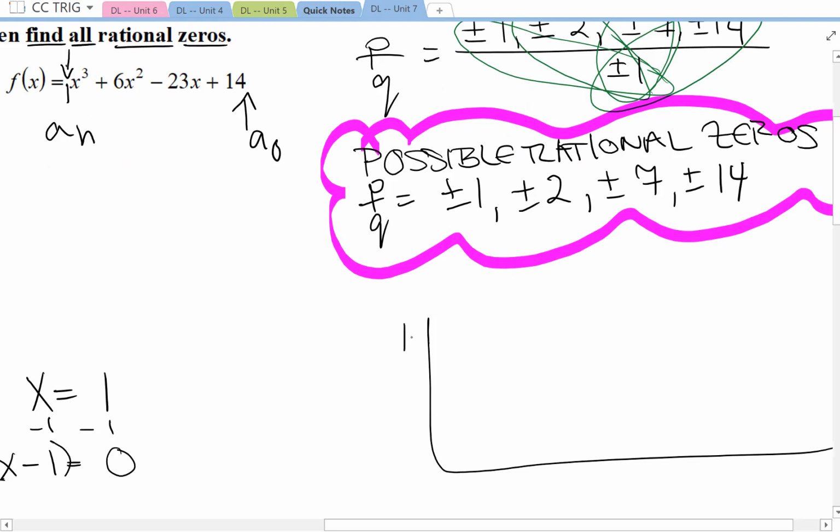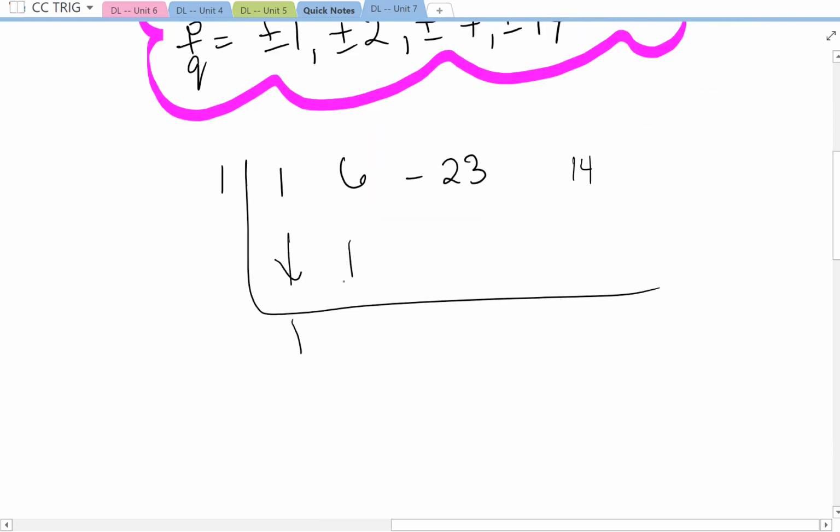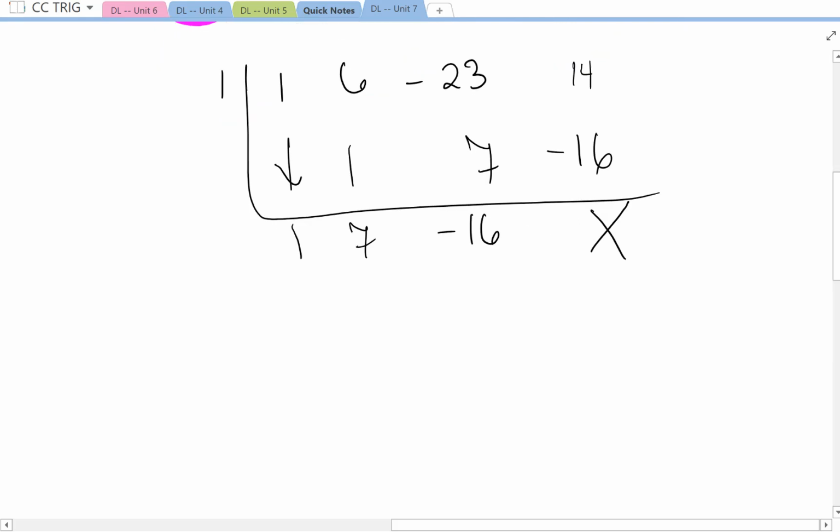I'm going to begin by testing out 1. So my coefficients, just like dominoes, the first one's got to fall. 1 times 1 is 1, 6 plus 1 is 7, 7 times 1 is 7. 7 minus 23 is negative 16. Negative 16 times 1, negative 16. Nope, that's not 0. 1 is not an option.